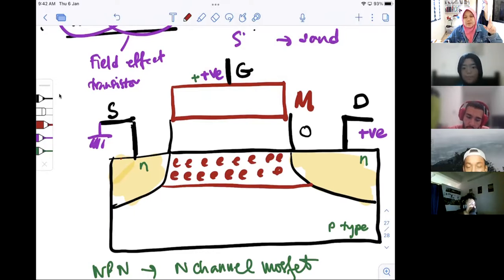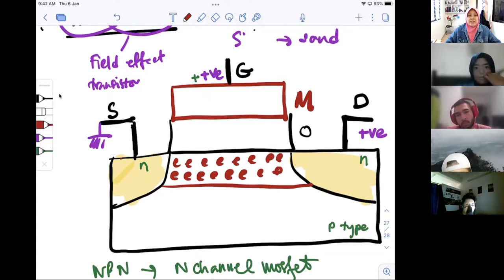So now my next question is, how does this affect the current? Will this change the current? Previously, we have the gate, and the electron flowing from here to here, so the current must be going downwards. It's the opposite direction, right?